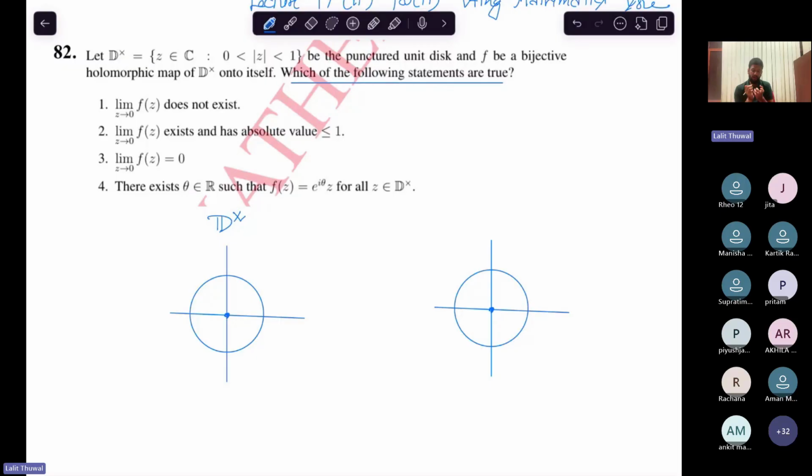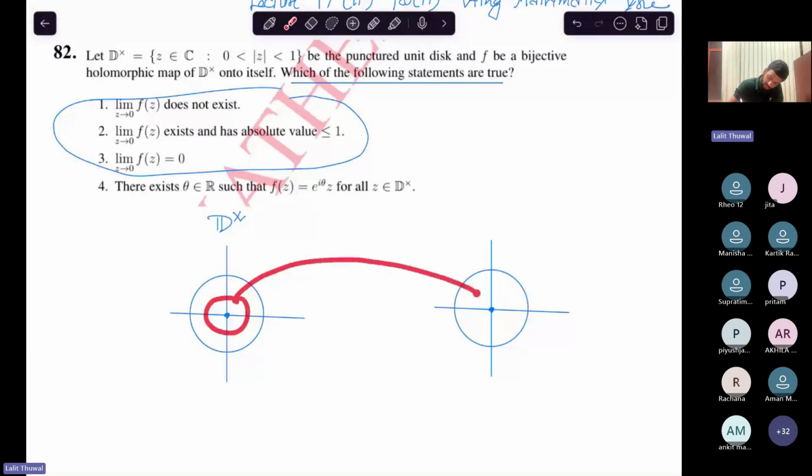First of all, we are required to find whether the limit of f(z) as z tends to 0 exists or not in these three options. In any neighborhood of 0, the image would be bounded, because it is contained inside the punctured disk, which is bounded.